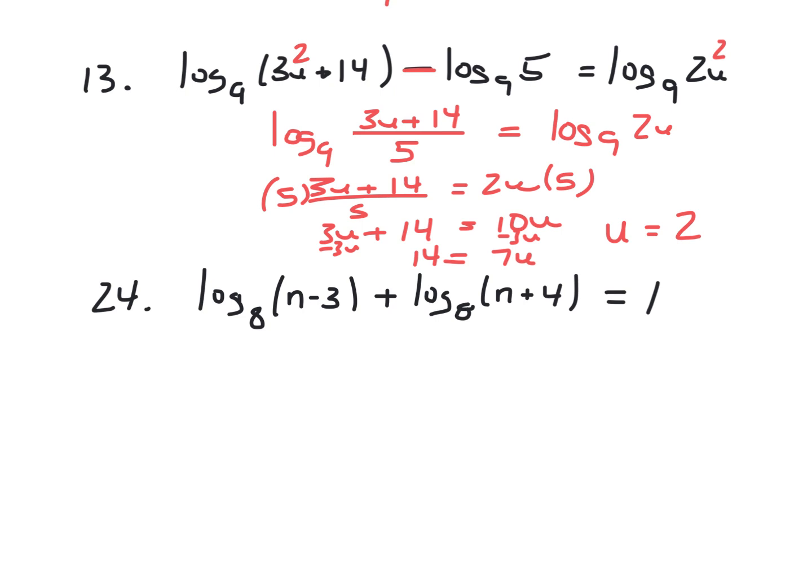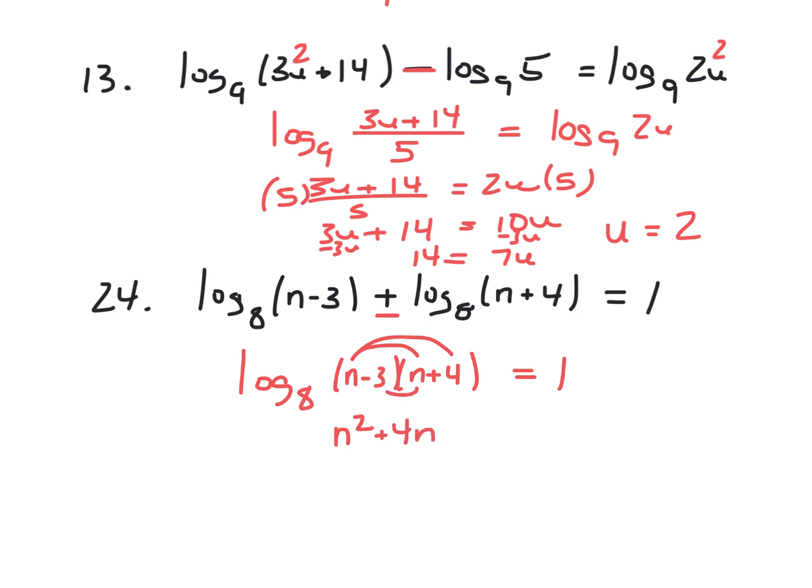Number 24, we've got 2 log base 8. We're adding them, which means I can combine and multiply them. So I'll be taking n minus 3 times n plus 4. And I'm going to have to FOIL this. So I'm going to have n squared, plus 4n, minus 3n, minus 12.